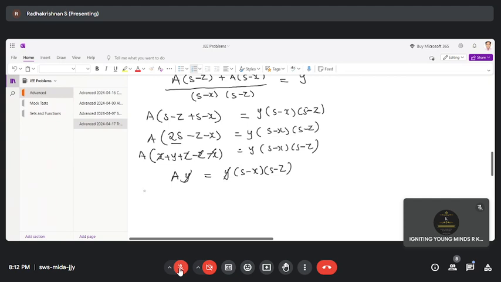And what is a now? Square root of, again we will put back this s into s minus x into s minus y, right?